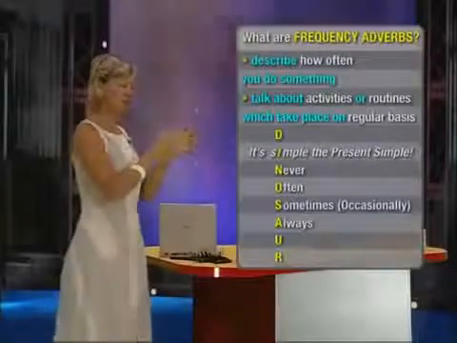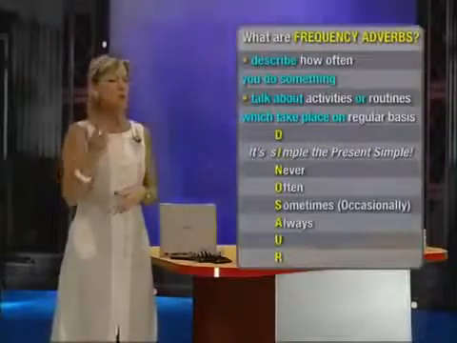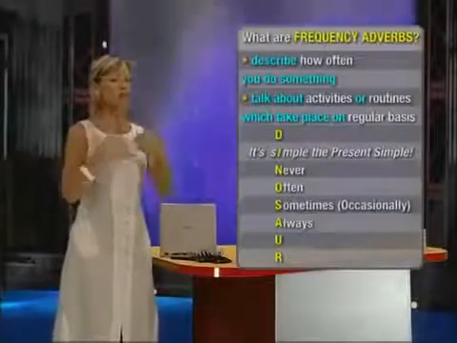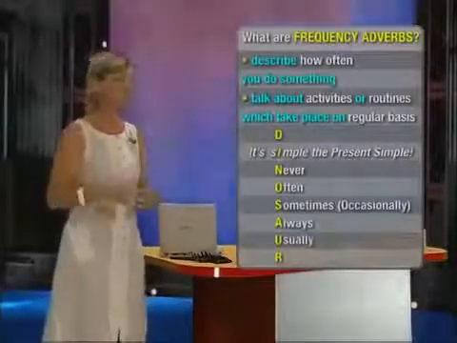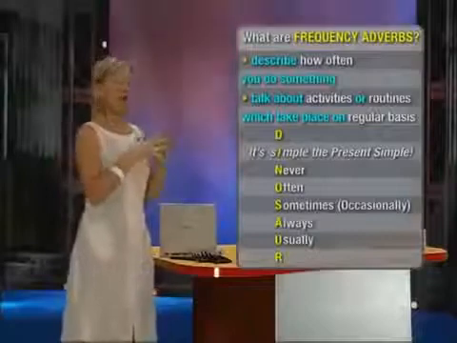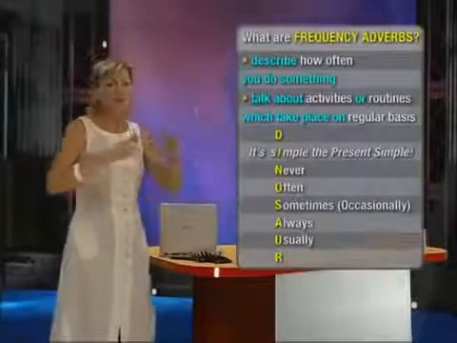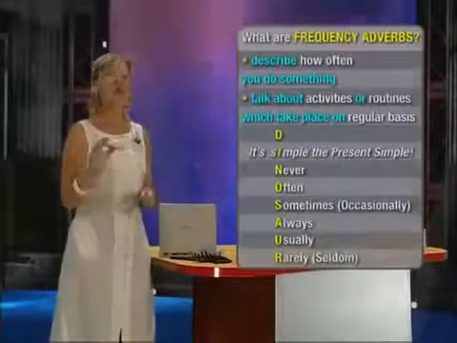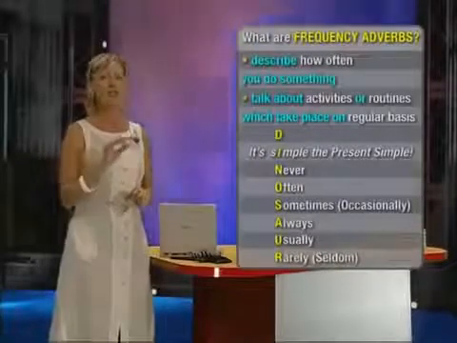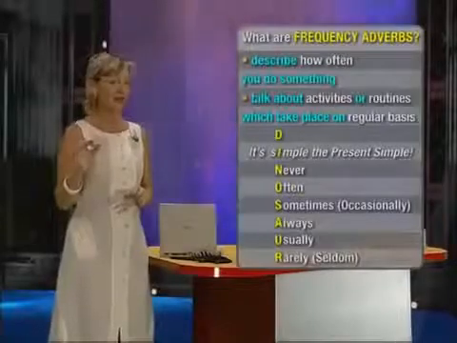Very good, sometimes. Now, U is for usually. Usually, it's a habit. What about R? R stands for rarely. That's difficult to pronounce. Rarely. And the last one, look at the top.